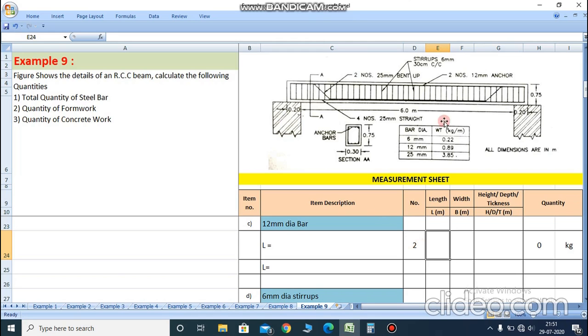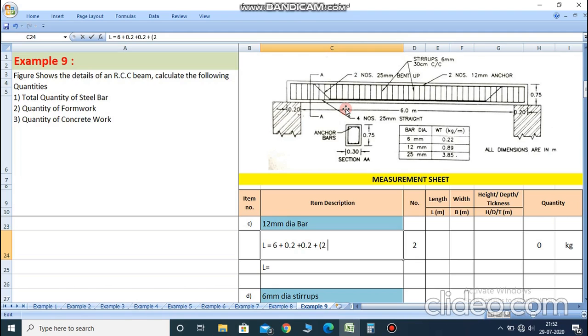Length we calculate. So first finding out the anchor bar length. Total length L is equal to 6, means here span 6 meter, plus 20 centimeter rest is given. So plus 20 centimeter converted to meter, 0.2 plus 0.2. Clear? Then on both sides of the anchor bar a 180 degree hook is provided. So plus 2 times.